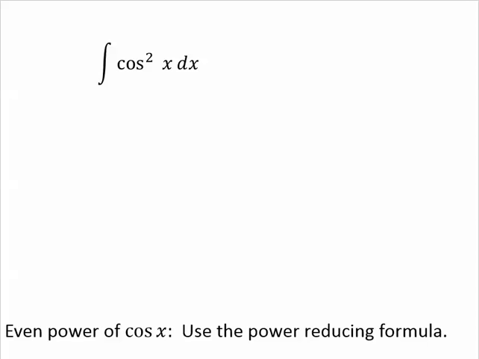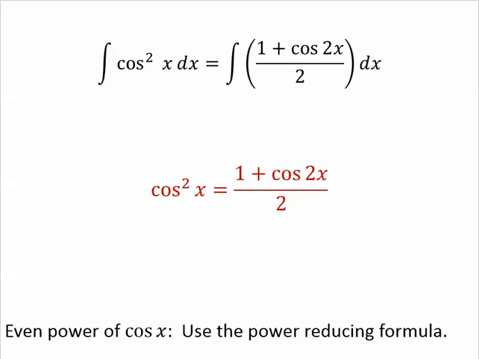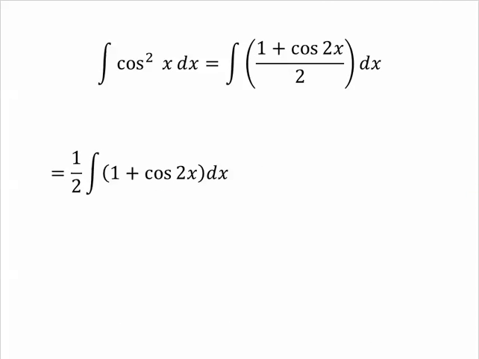Here's our first problem where we're going to use a strategy. This problem involves an even power of cosine, and using the power reducing formula is the best strategy for this problem. So using my power reducing formula and then pulling out the 1/2, I'm ready to integrate.